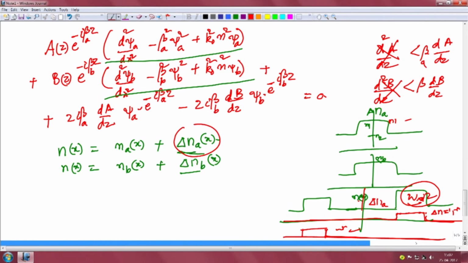So, if you look at this equation, if instead of n you have n A, we can observe that this goes to 0.